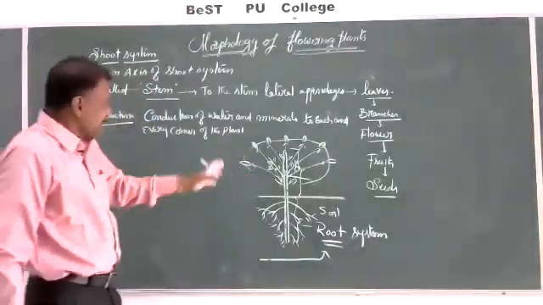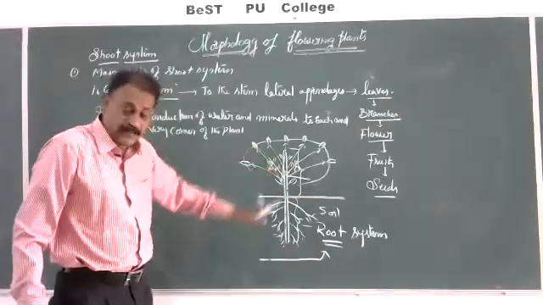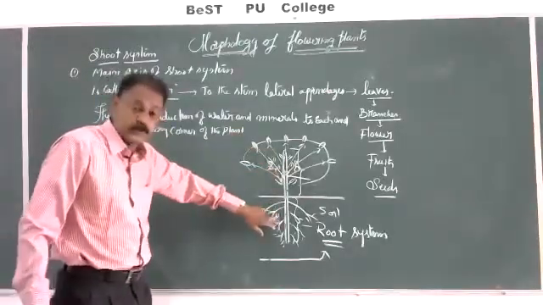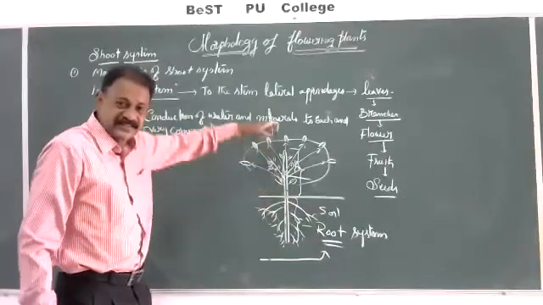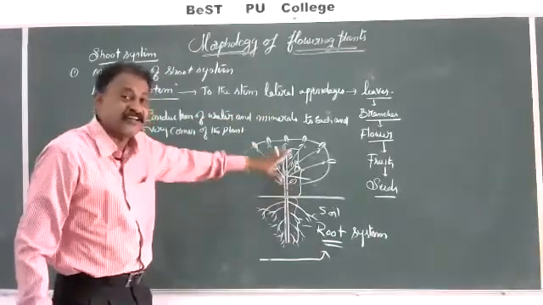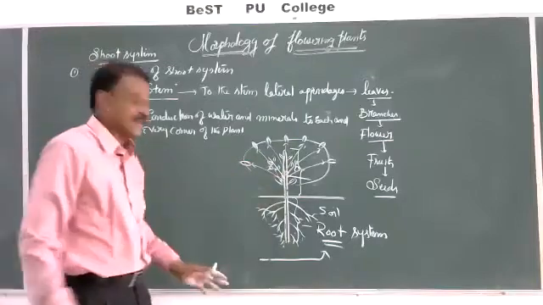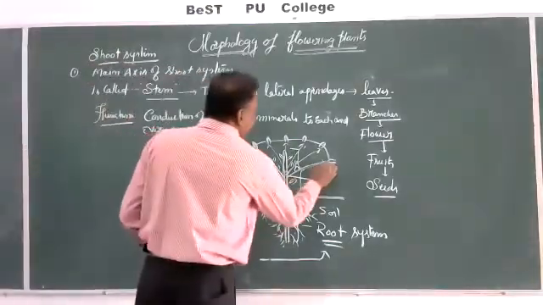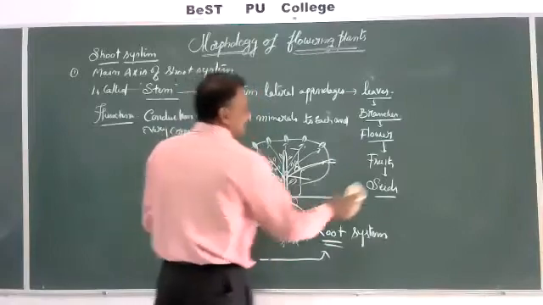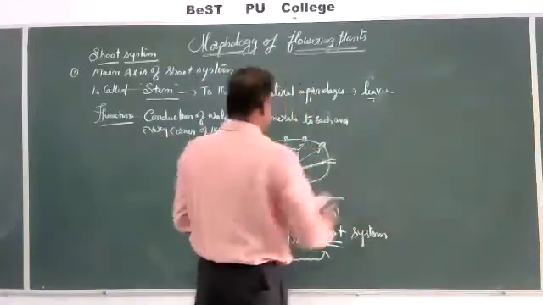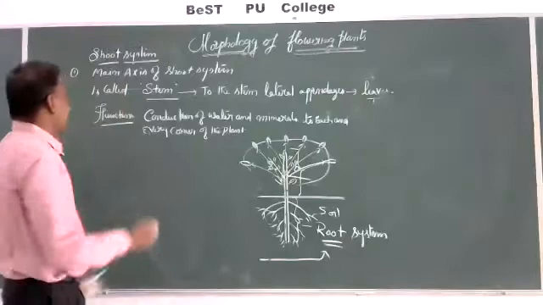The process of taking the water from the root is called conduction. The main channels of conduction here are xylem. With the help of xylem, water and minerals will reach each and every leaf. So it is for conduction of water.